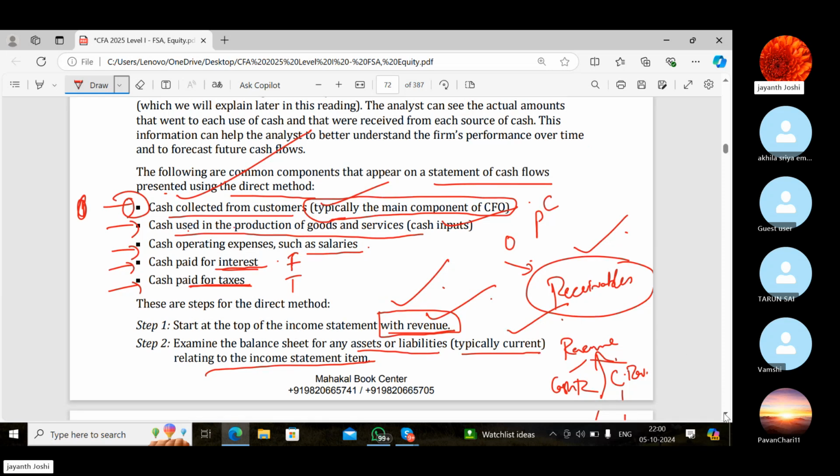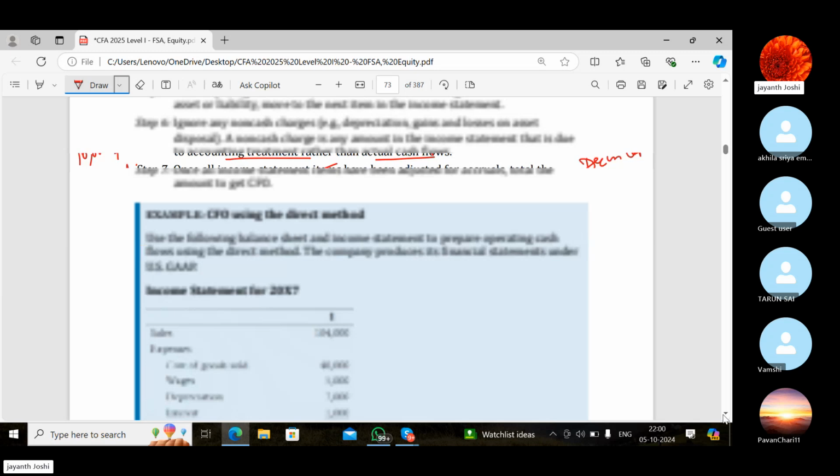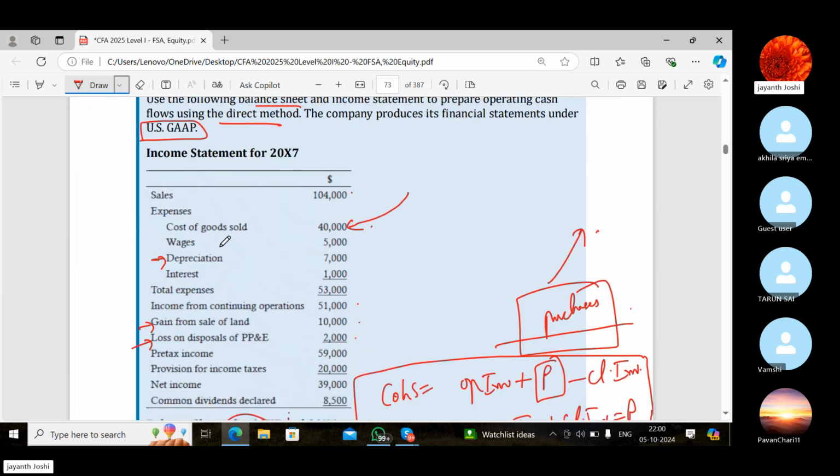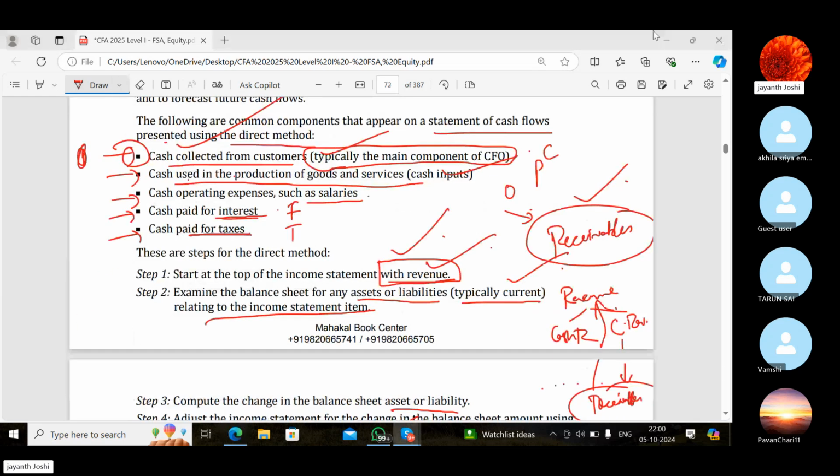That depends upon what kind of company this is. They have not mentioned any expenditure related to production here, like product manufacturing expenses, etc. So we can't find out the cash paid for production purpose, because we have no input for that.